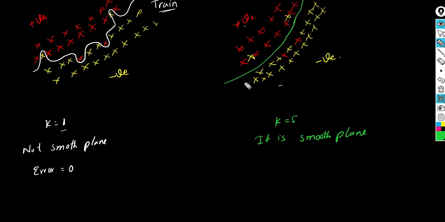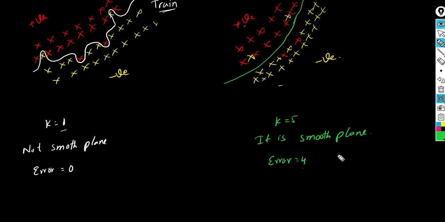But here we can see some errors also. This point is classified as a positive class even though it is negative, and similarly this red point is classified as a negative class even though it is positive. The errors here are 4.